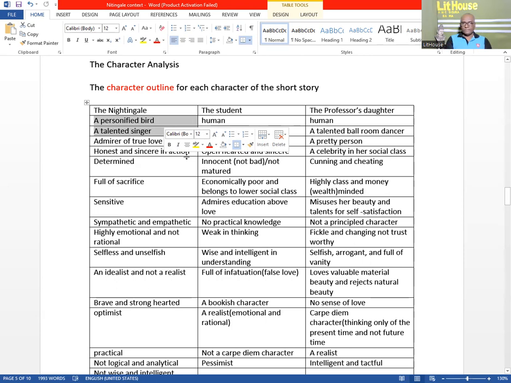Now in detail, we refer to the story time to time, right? You have to remember other characters in the story, other incidents in the plot. If you do not have any idea about the plot summary, you will never write a good essay.